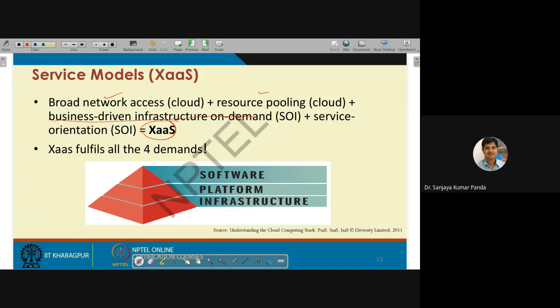Similarly, we have service orientation. These come under our SOI, our service oriented infrastructure. So if you combine these four, we can get XaaS. XaaS fulfills all these four demands. If you want to integrate these four, then you can build a XaaS service.